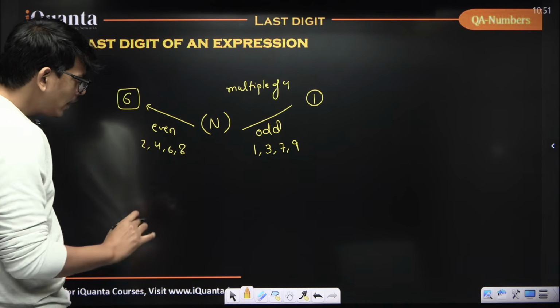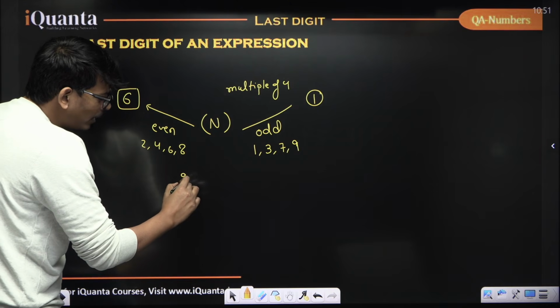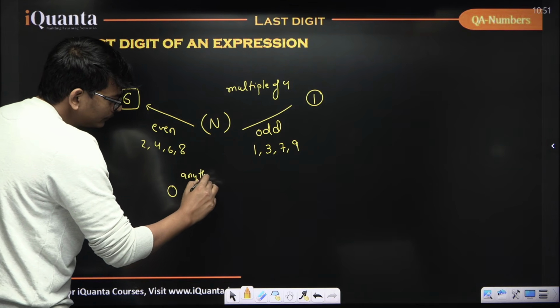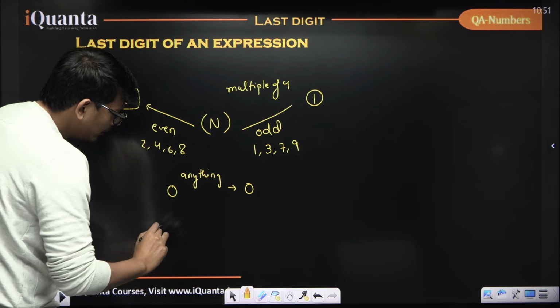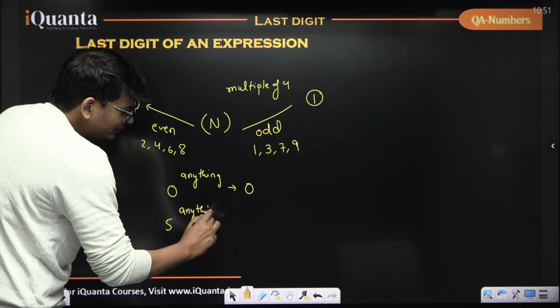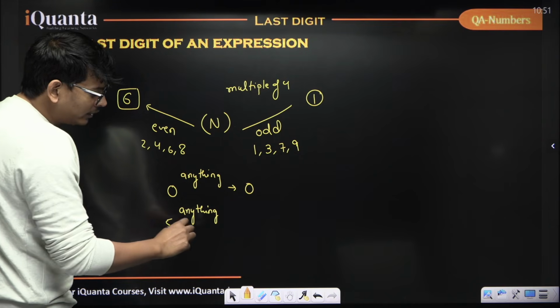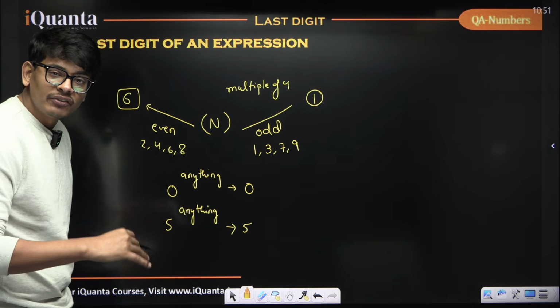डोंट वरी. There is an exception if a number ends with 0 and power is anything. Unit digit will always be 0. If number ends with 5 and power is anything, unit digit will always be 5.